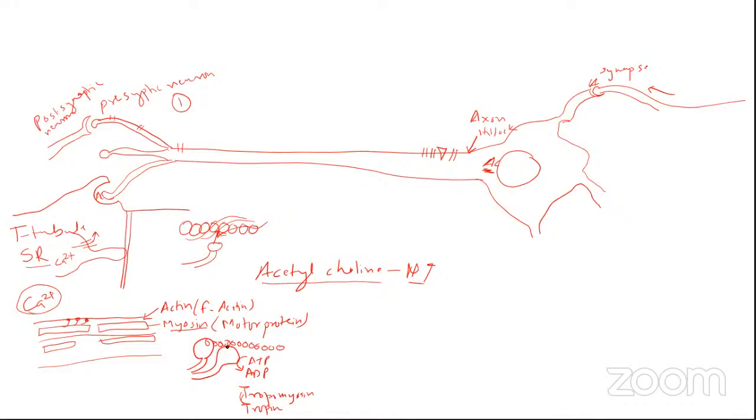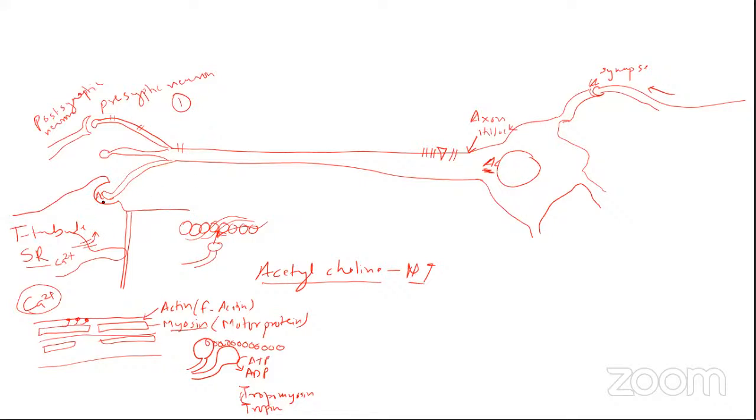And as soon as myosin finds a contact with actin, it hydrolyzes ATP. Interesting? Yes, sir. And that generates a power stroke, which actually brings about the contraction. Okay, I am not here to teach you what muscle contraction is, but just for revision.